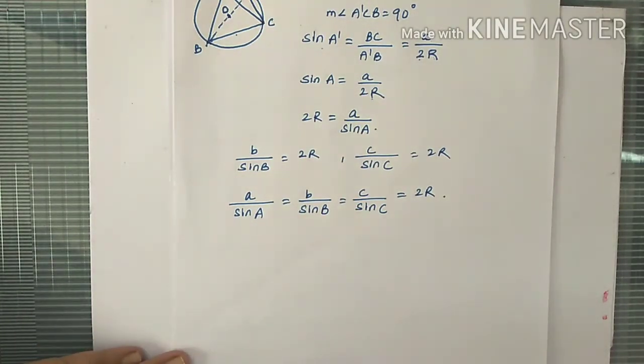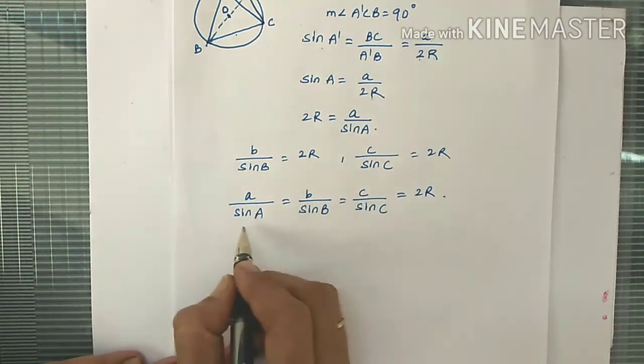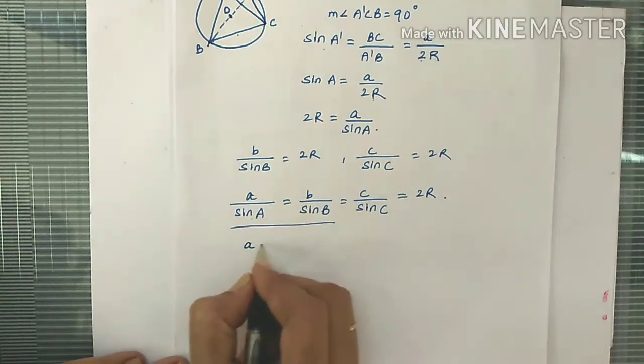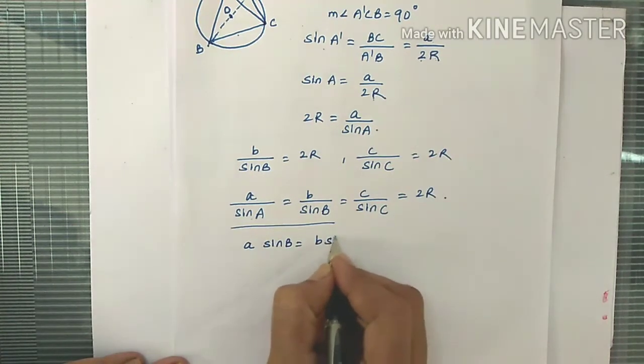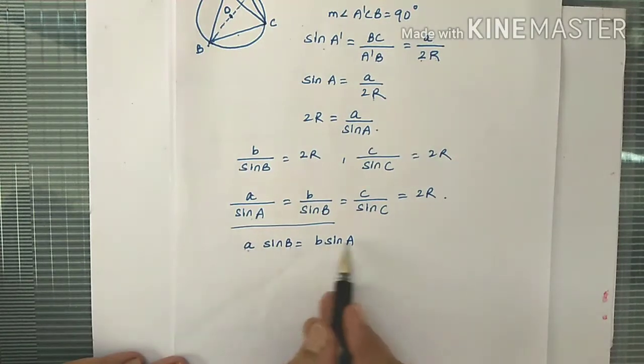Now there are different forms of the sine rule. If we consider only these two terms and cross multiply, then we get a sine B equal to b sine A. See here, this a and b get interchanged.